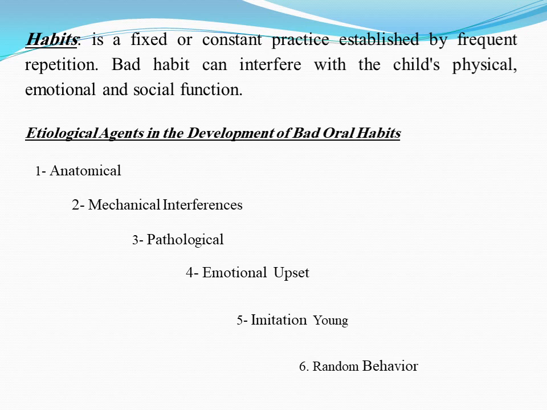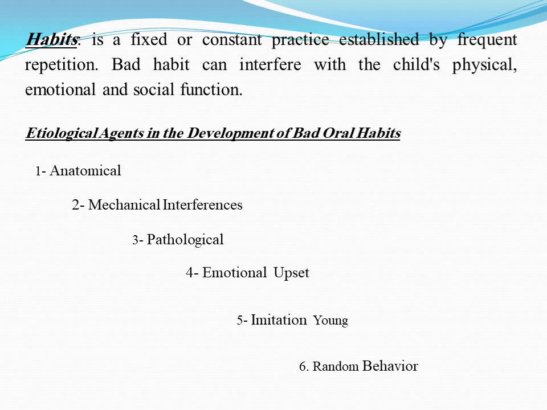The etiological factors or agents in the development of bad oral habits are: number one, the anatomical factors. For example, posture of the tongue; infantile swallow occurs due to a large tongue in a small oral cavity, occupied with anterior open bite of the gum pads.